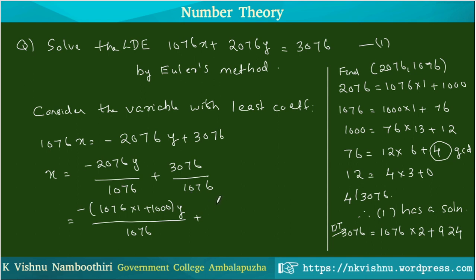So this is going to be 1076 into 2 plus 924 divided by 1076. Now 1076, therefore this is just y. 1000 by 1076 y. 1076 into 2 by 1076, that is equal to 2. 924 by 1076. These are the remaining things after a division, leaving the rational part just like that.